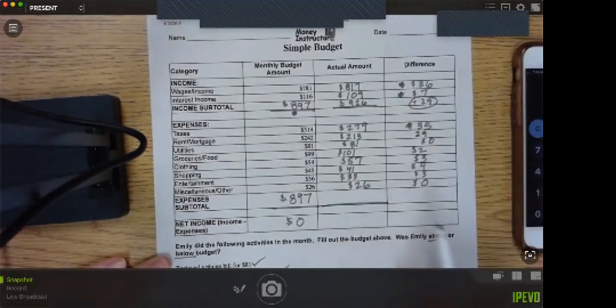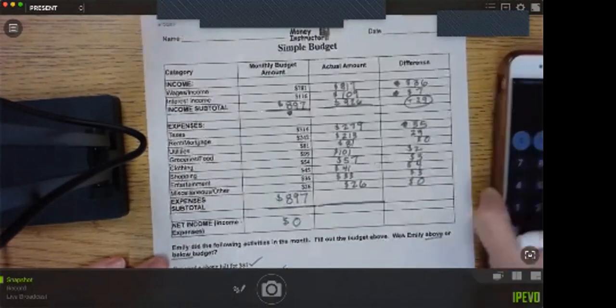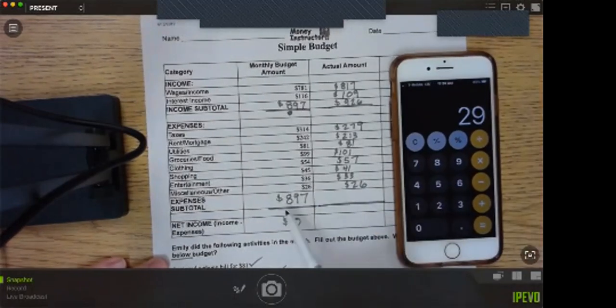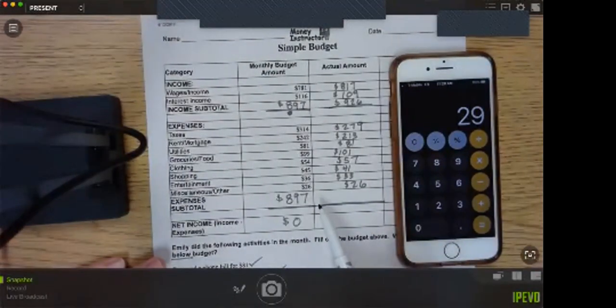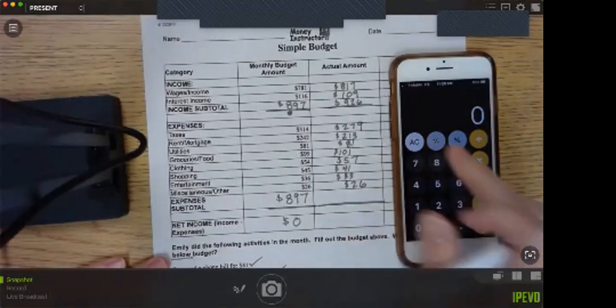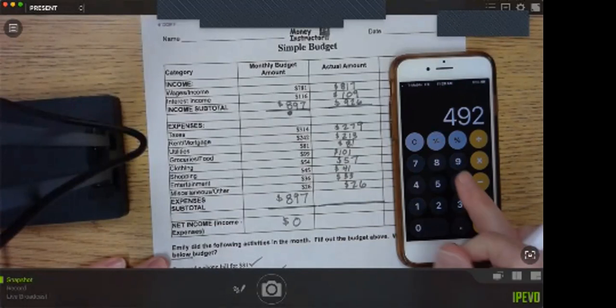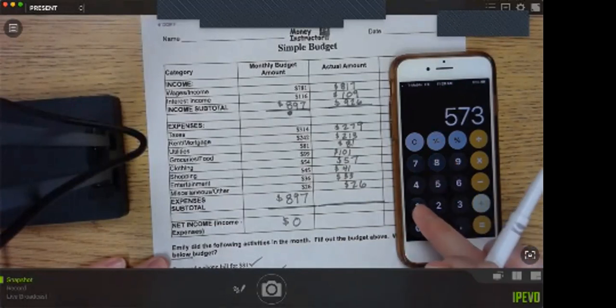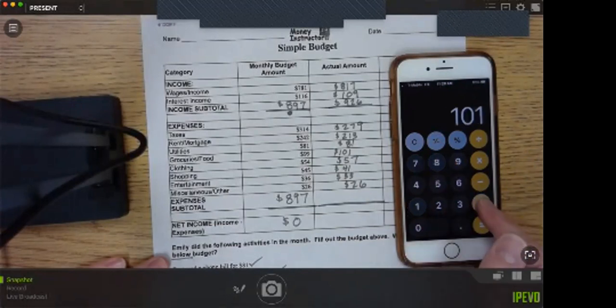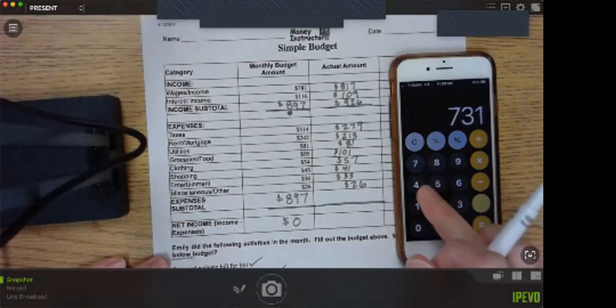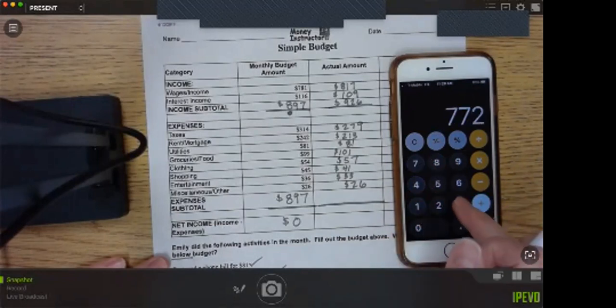So let's look up here. We're going to calculate. She had budgeted $897. We're going to see how much she ended up with. Okay. So 279 plus 213 plus 81 plus 101 plus 54 plus 41 plus 33 plus 26.